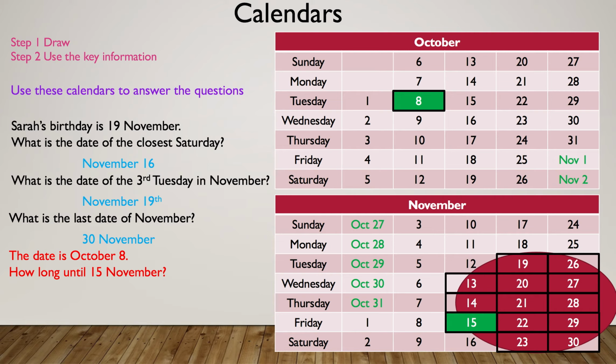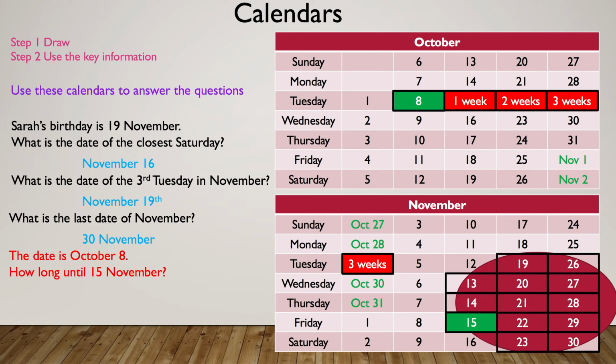We're going to count by the weeks because it's faster. Then we can go 1 week, 2 weeks, and as you can see, the next week has changed because it says October 29th, and this also says October 29th. So when we add the next week, both of them are going to be covered by 3 weeks because it is the same date.